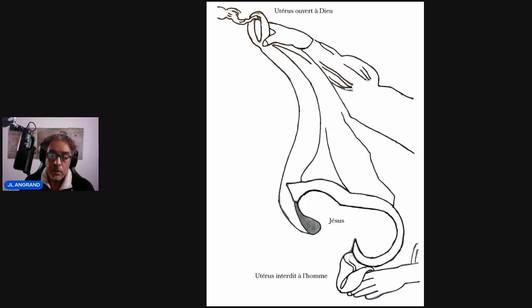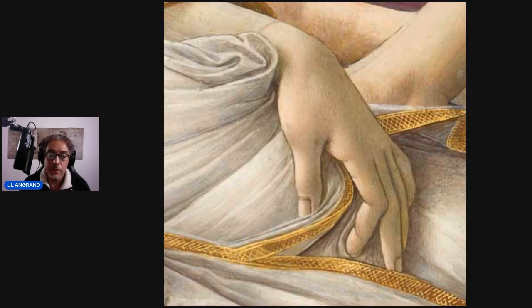The symbolism of the entrance, the closed female sexual organ, was also used in another painting that is part of the four mythologies by Sandro Botticelli, which is called Mars and Venus. In Mars and Venus, it's also very clear, this woman, Mary, is not accessible to man. That's why in Mars and Venus, she blocks access.